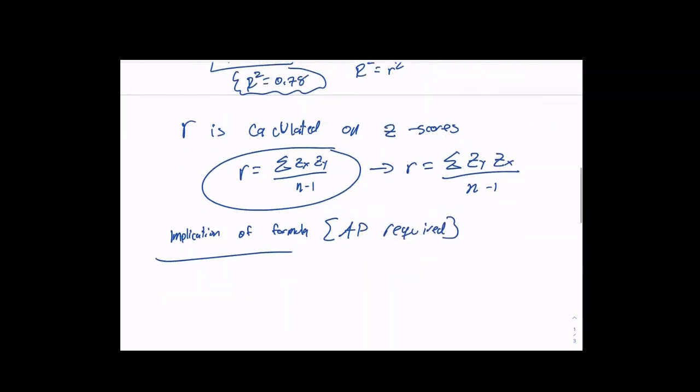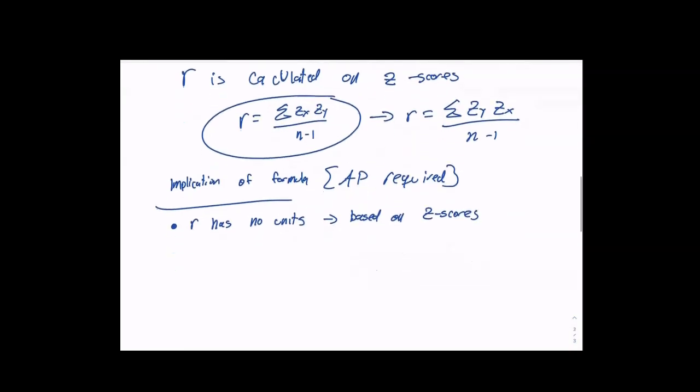The first implication is that R is unitless, or R has no units, because it is based on z-scores. And z-scores have no units.